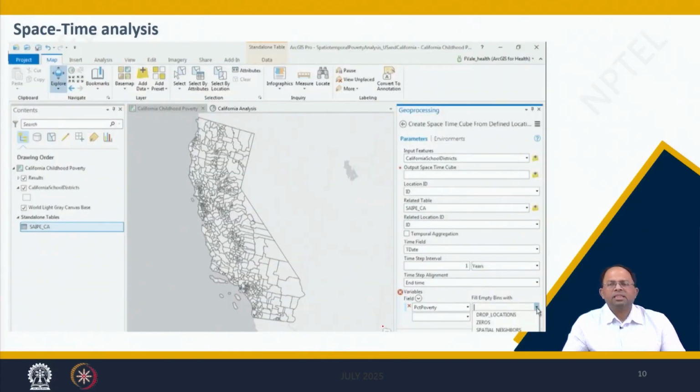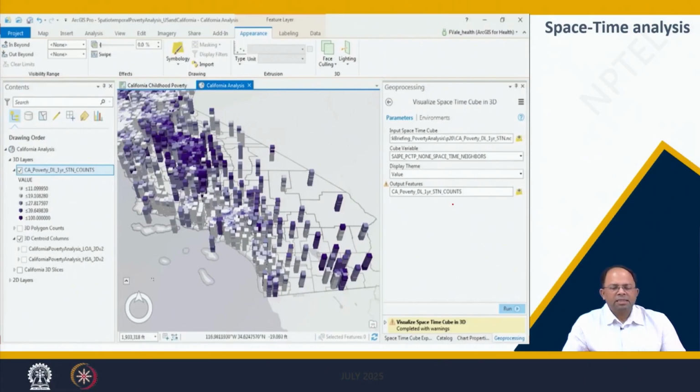When we do this space-time analysis, you can create a space-time cube from defined locations. We put in the input features, the output space-time cube, and the different tables that we are taking in, and once we have specified the input values, we can analyze the value.